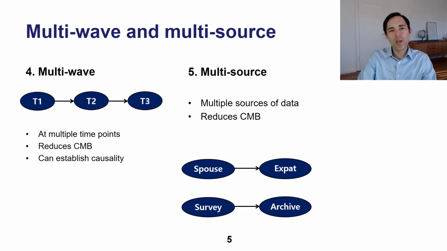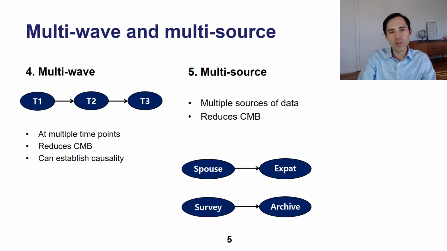So these multi-wave designs are very common in organizational behavior research. We have cause and effect over multiple time points. The advantage is it reduces common method bias. You see CMB stands for common method bias, one of our greatest enemies of research, particularly in organizational behavior and also management.